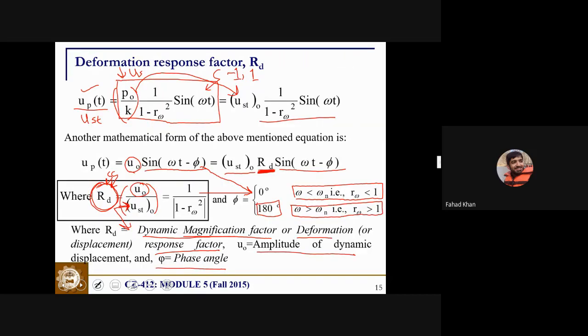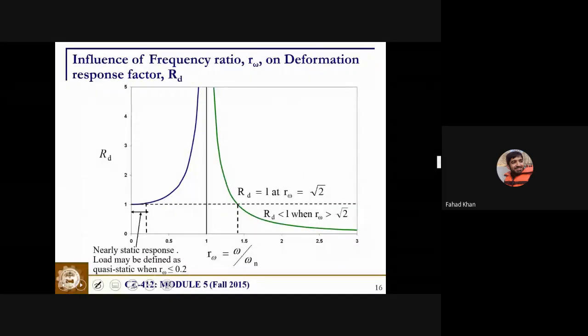Now, if you plot the value of RD, 1 divided by the absolute value of 1 minus r omega square, you will get a curve which looks like this. Okay, so this is our RD value, this is our u dynamic divided by u static value, and the horizontal axis is our frequency ratio, or r omega. Nearly quasi-static response all the way up to 0.2 r omega. Load may be defined as quasi-static.